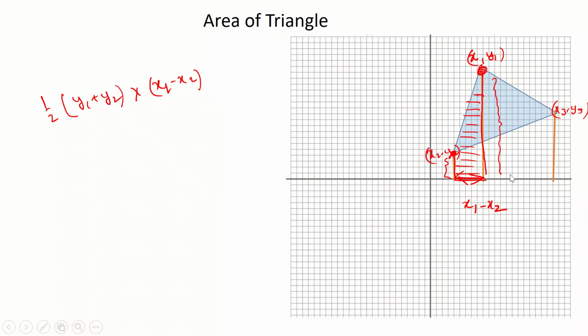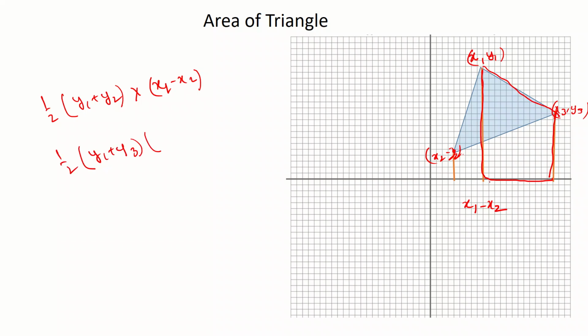And similarly, just let me clean up something. Similarly, you can find out the area of this trapezium. Yeah, so this is another trapezium, and in a similar way you can find out the area of this trapezium, which will be half times sum of the parallel sides, which is y1 plus y3, times the distance between these two, which is x3 minus x1.